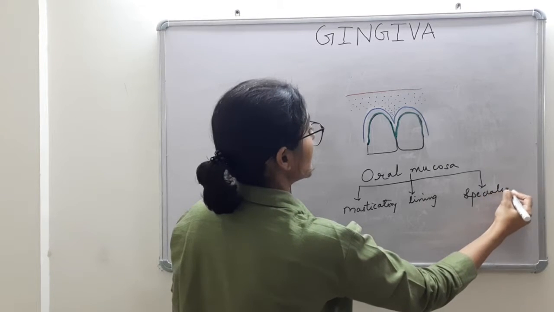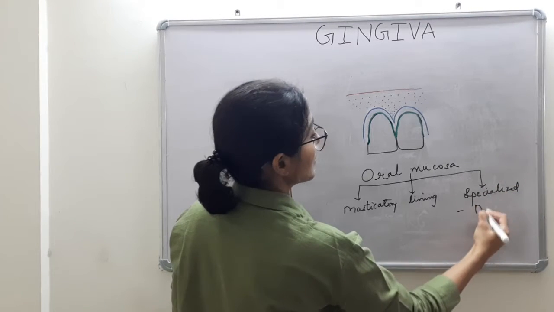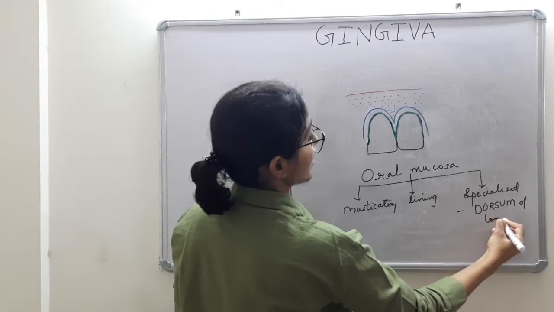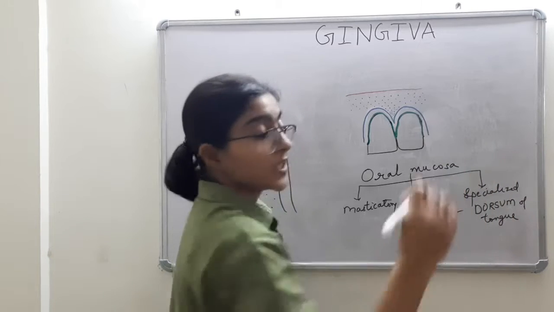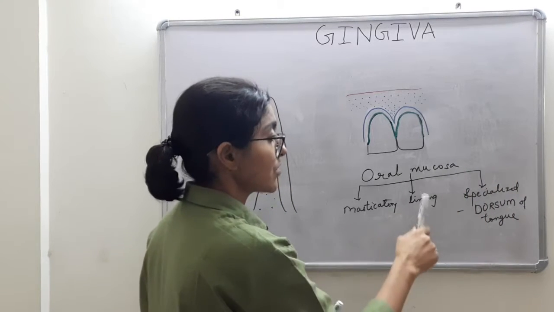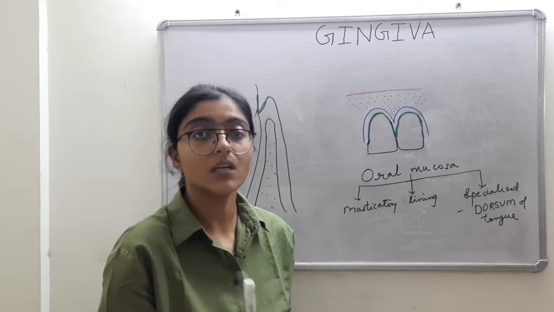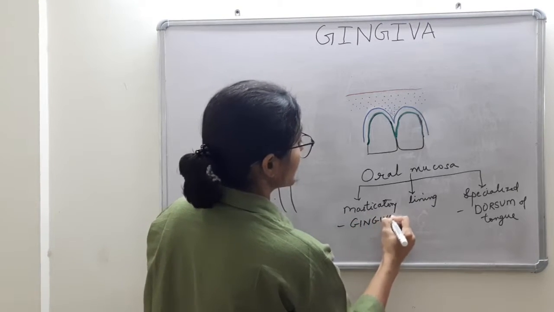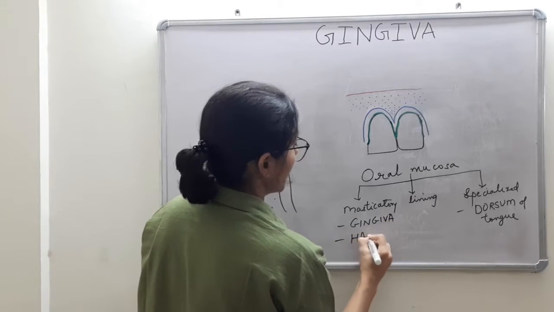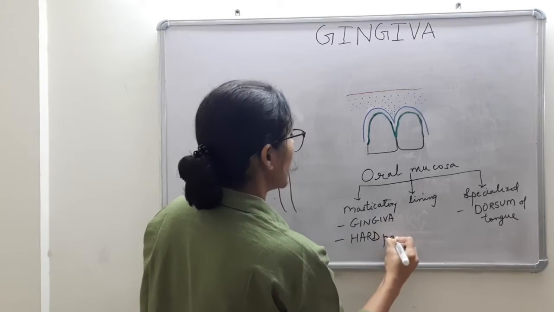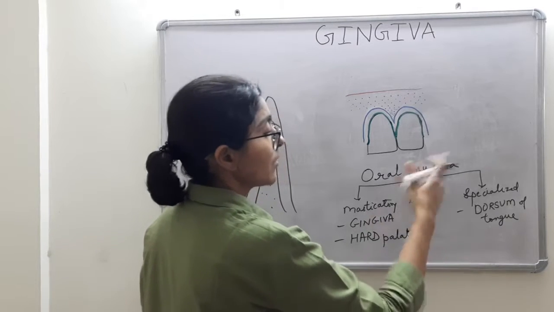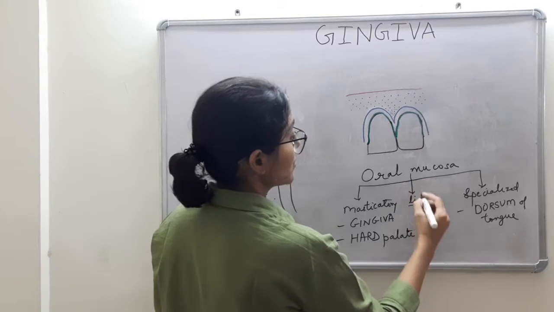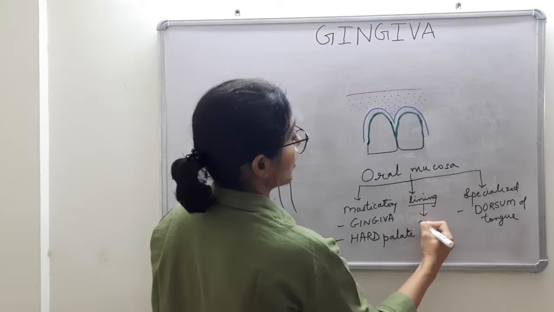Under specialized we have the only tissue, that is the dorsum of tongue, which has all those taste buds. Under masticatory we have our topic gingiva and hard palate. Remember, only hard palate.